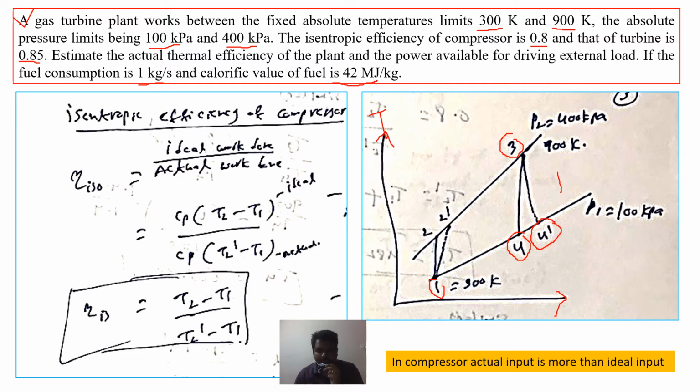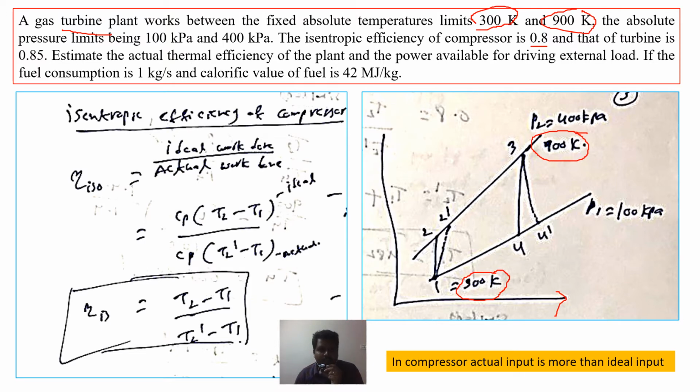Now let us see the given data. In the problem, they have given temperatures. The gas turbine working between temperature limits 300 Kelvin and 900 Kelvin. So here at point 1, initial temperature 300 Kelvin. After combustion takes place in the combustion chamber, the temperature increased to 900 Kelvin, so at point 3.